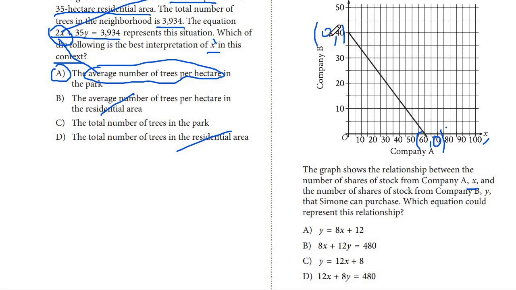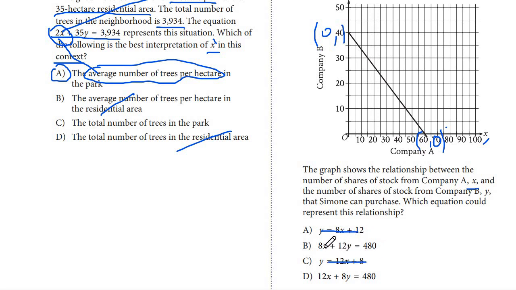So if you plug these 2 points into your options down here, it has to fulfill your equation. So if you, for example, plug in 60 for x here in A, does this equal 0? Definitely not. 8 times 60 is not going to work. And the same here. If you plug in 60, you're not going to get 0.